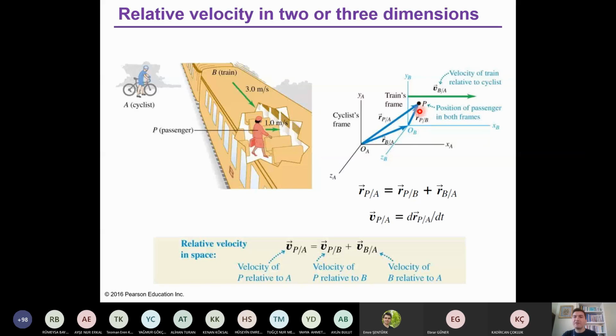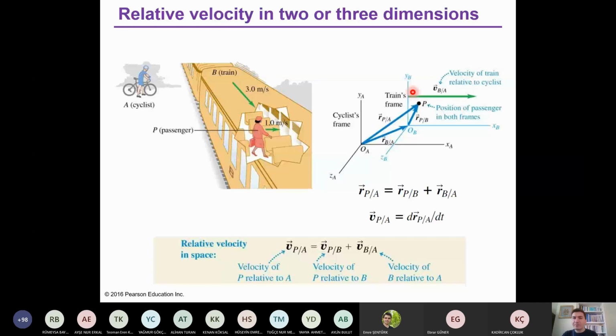And here we have the passenger, the position of the passenger in both frames. So this train has a velocity relative to the cyclist: the velocity of train B relative to cyclist A. So this frame is moving along this direction relative to the cyclist frame. So now here we have the position of the passenger in both frames.